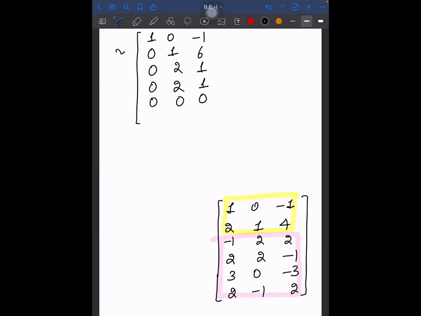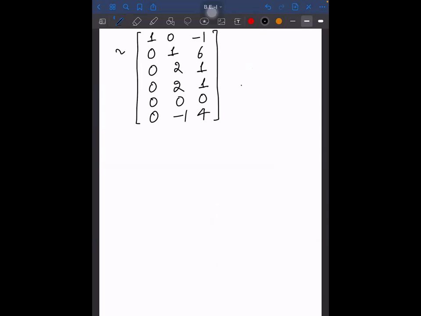So next is, yes, are you with me on this? So next is 0, and here it will be minus 1 and 2 and subtract, add, so it will become 4. So operate on R6, R6 plus R2, and then operate on R4, R4 minus R3.